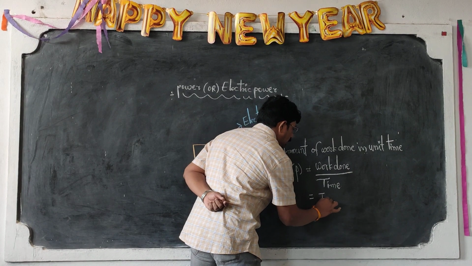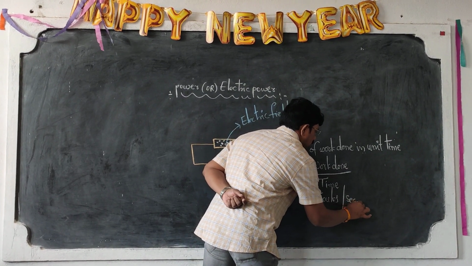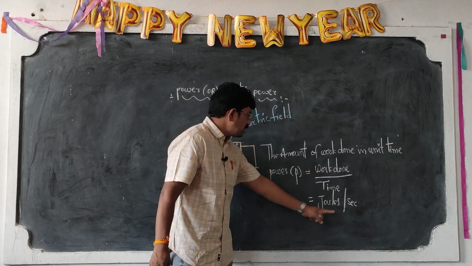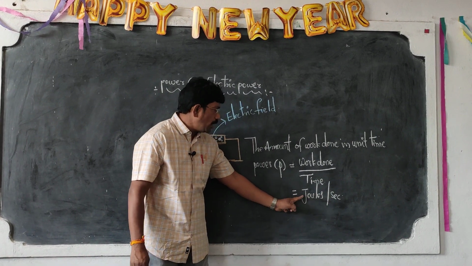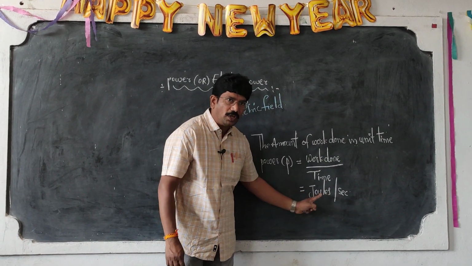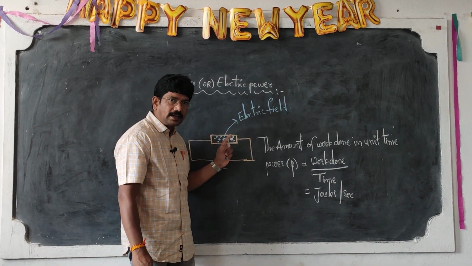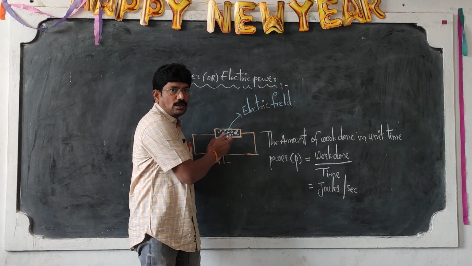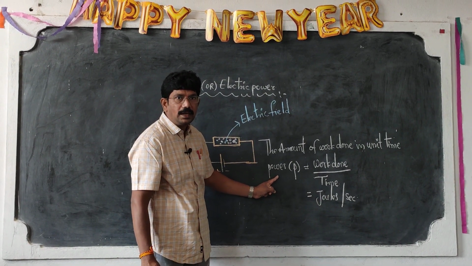Work is measured in joules, and time is measured in seconds. Try to understand the concept. In 1 second, 1 joule of work is done by the electric field to move the charges. That is nothing but power.